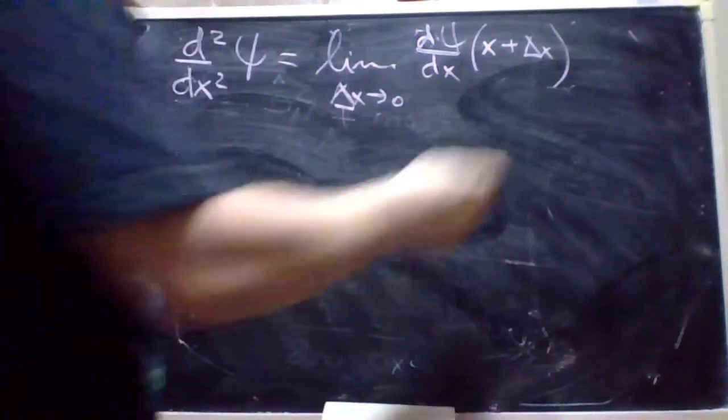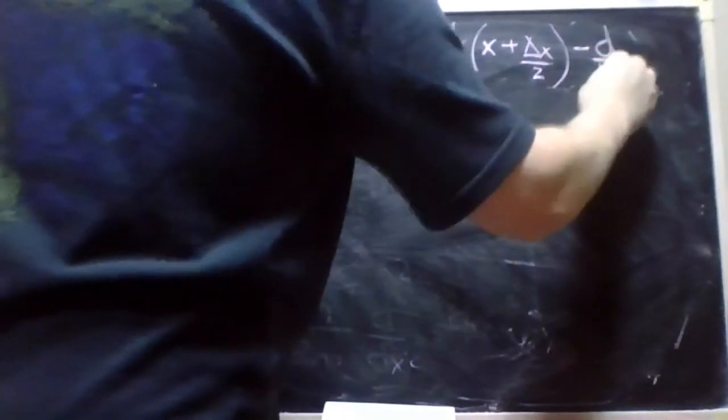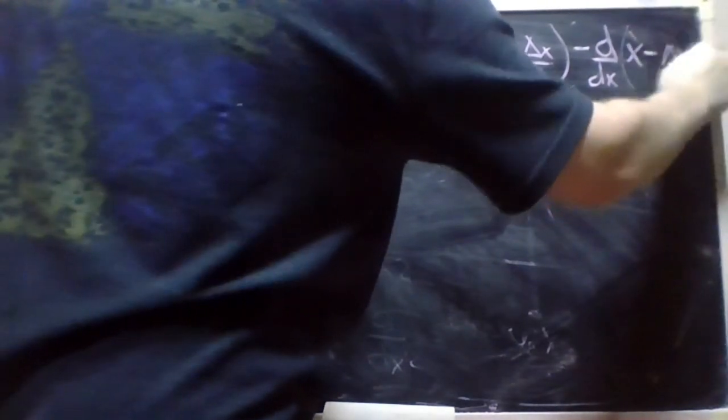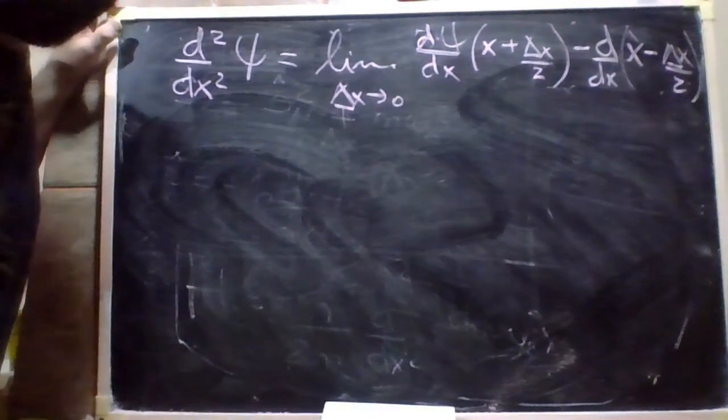Let us symmetrize that, divided by 2, say, minus the derivative of the function evaluated a step earlier. It's in symmetric form. You can also represent first order derivatives in a symmetric form. There's no problem in that.